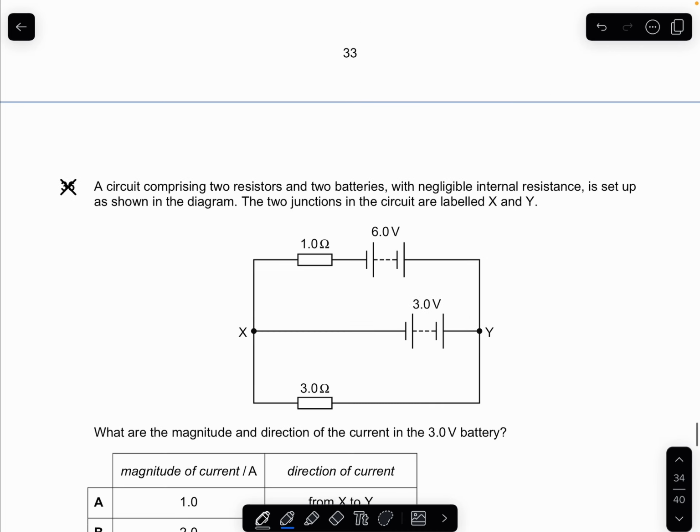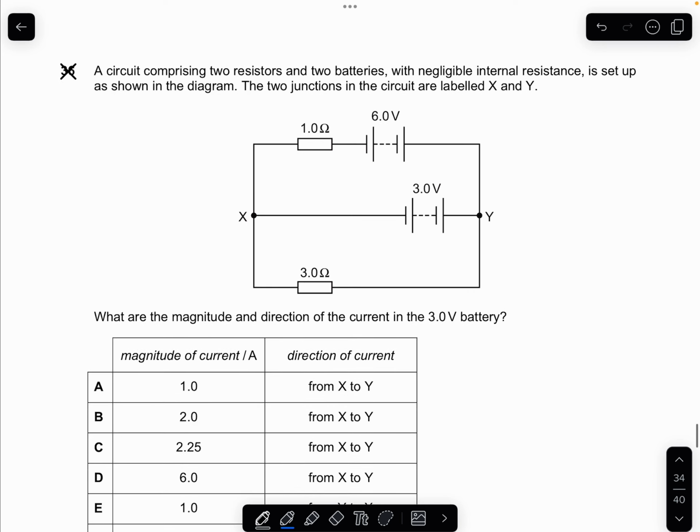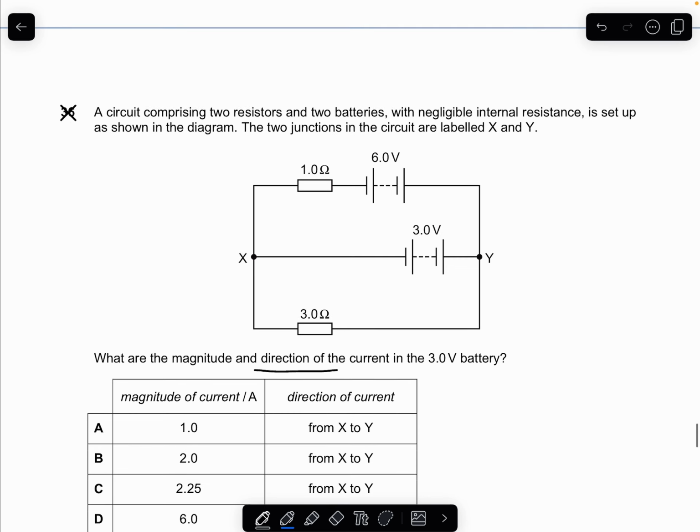Okay. Circuit comprising 2 resistors and 2 batteries. Negligible internal resistance is shown. Magnitude and direction of the current in the 3 volts battery. Okay. So this is I1, I1, I2.